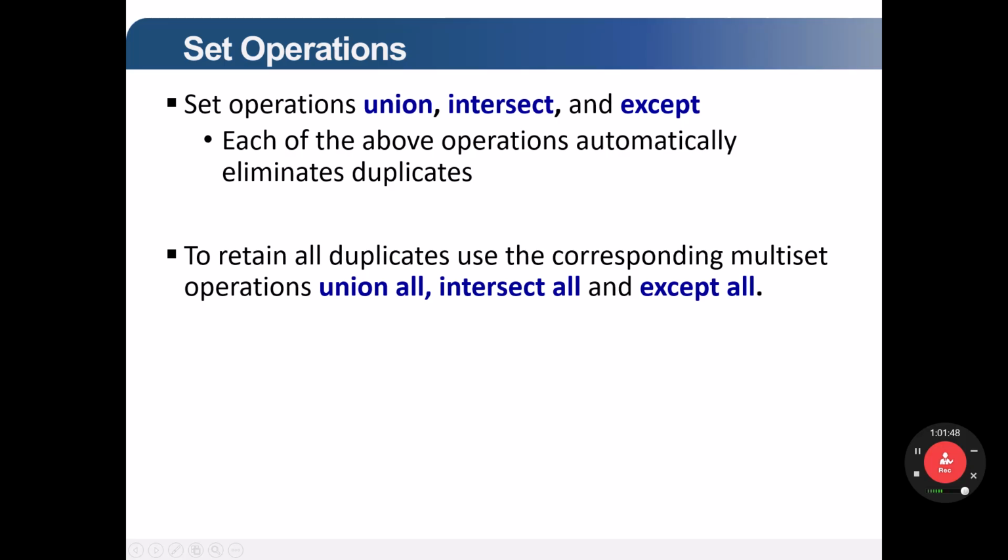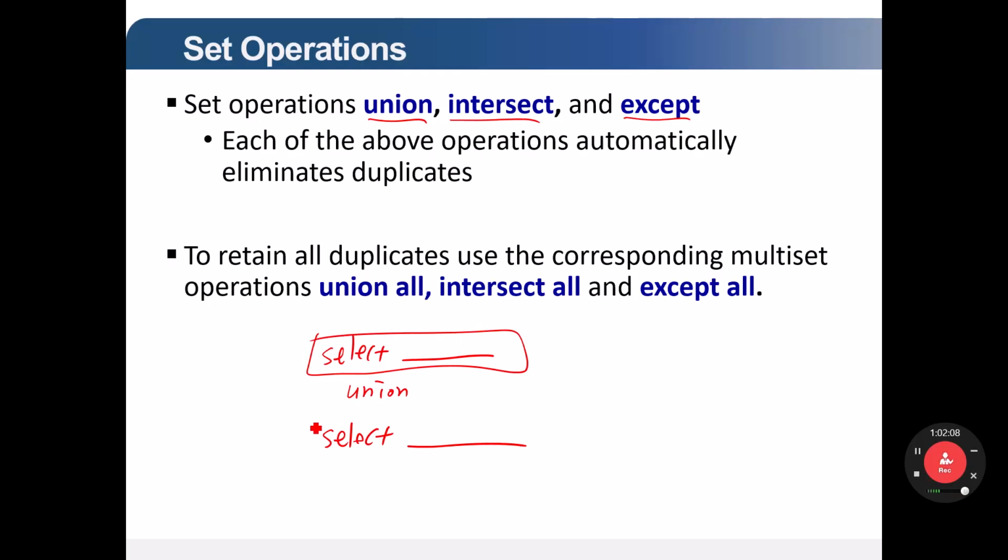You can have multiple select queries, like select something and another select statement. Between these two select queries, you can put union or intersect operator, and each of these select statements will be executed, and then the output tables from these two queries will be unioned or intersected, or we will perform the set difference operation for except.